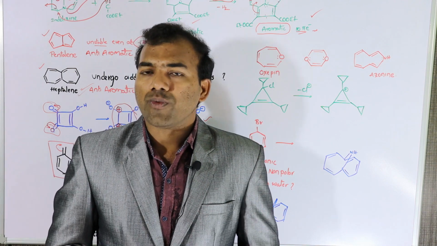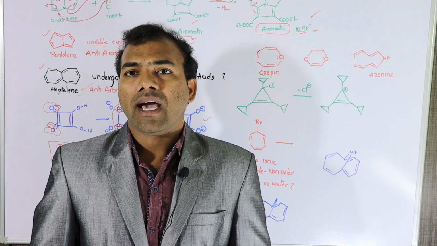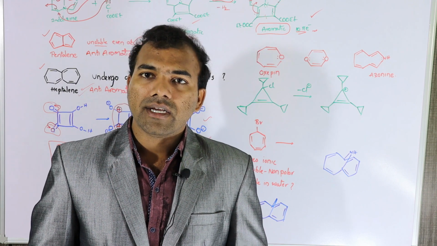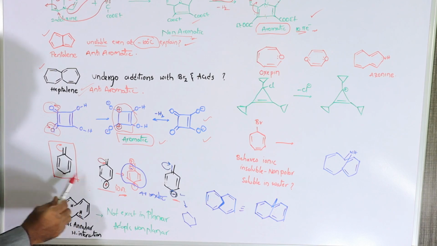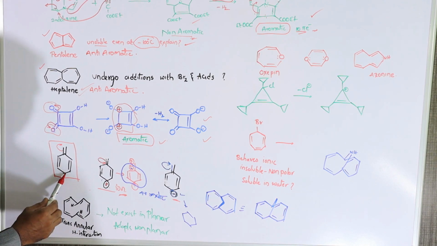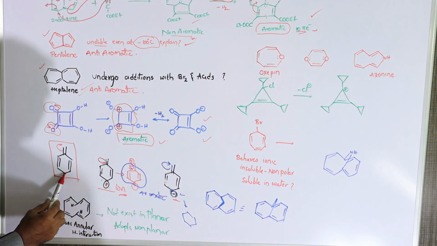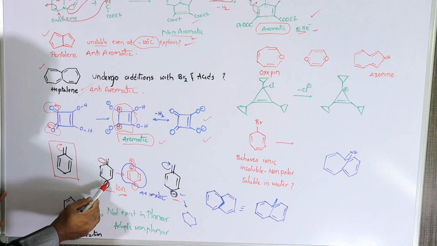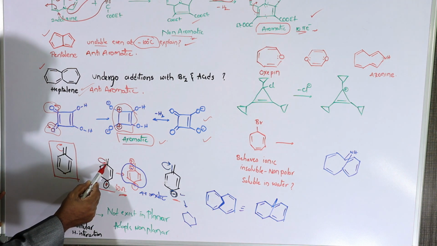So to make it aromatic, what should we do? Simply substitute the carbon atom with an ion, either a positive or negative charge, cation or anion. Let us go to the example. If you take this compound with a cation, if you substitute the sp3 carbon atom with an sp2 carbon atom, there is a deficiency of electrons at this carbon atom, so this electron pair will shift towards the ring.